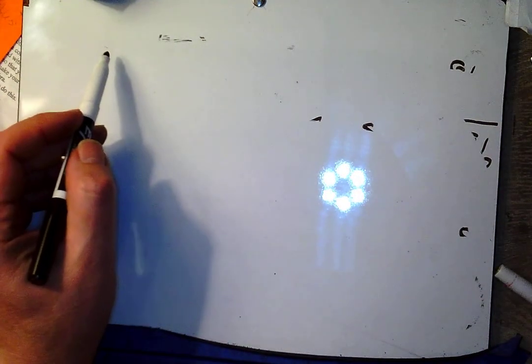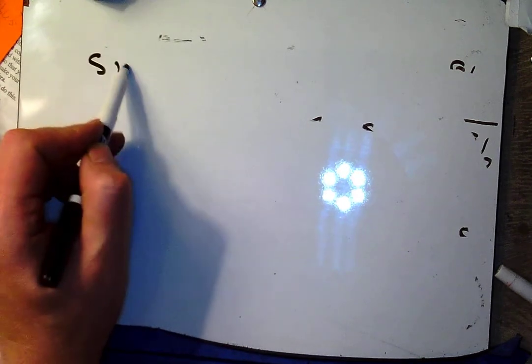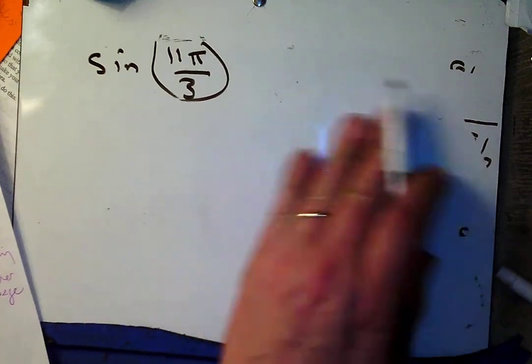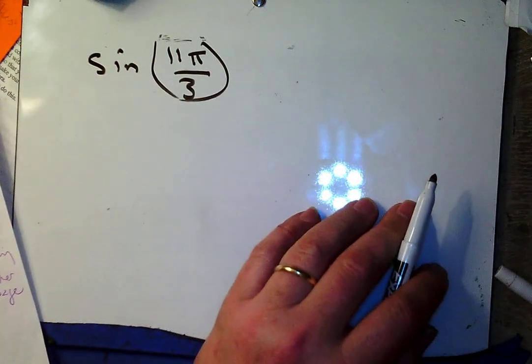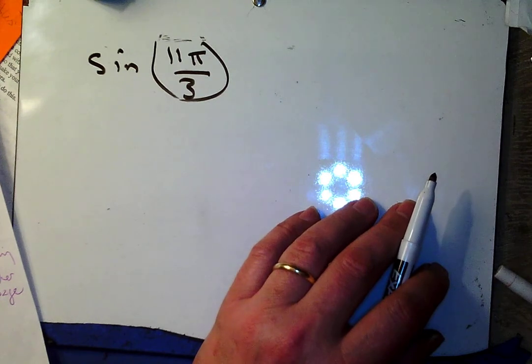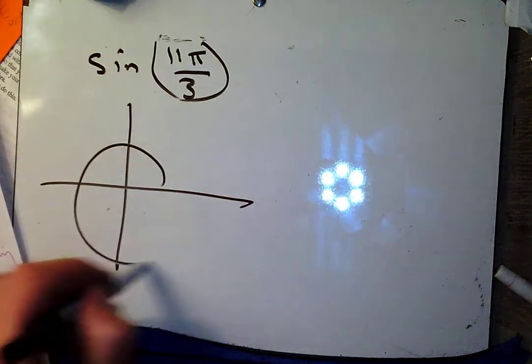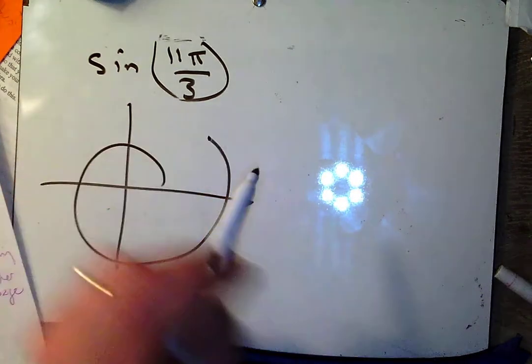Fabulous. How about this one? Sine 11 pi over 3. Yeah, bigger than 2 pi. That's right. I understand it's not on the unit circle. It's bigger than 2 pi.